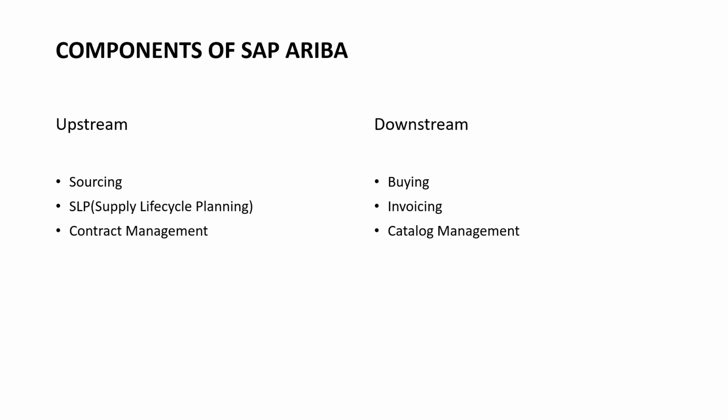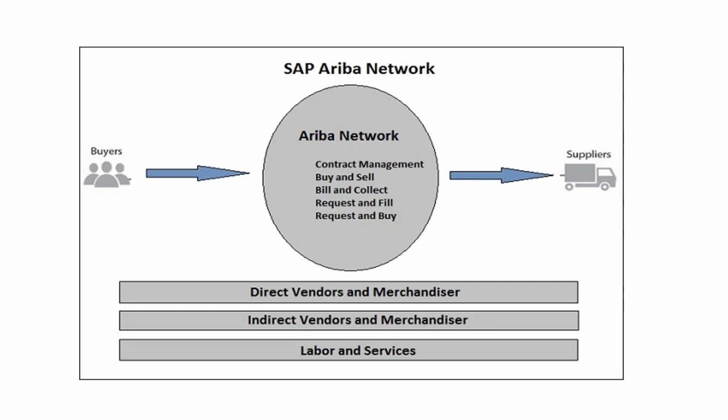Then next is SAP Ariba Network. In this, all the suppliers across the globe are present over this network, and this is B2B, which means a business to business platform.